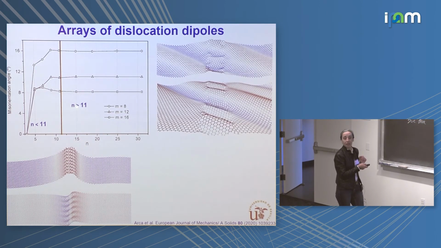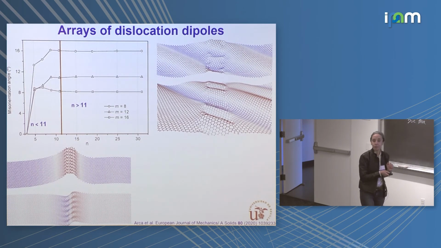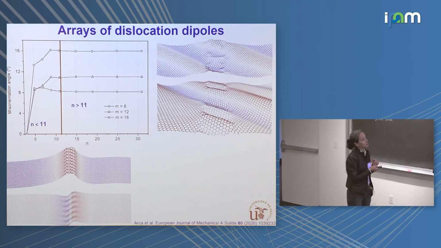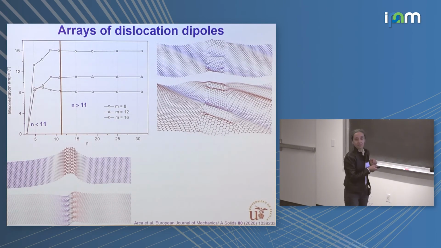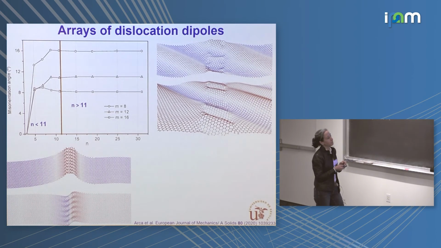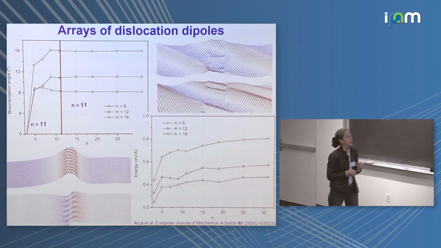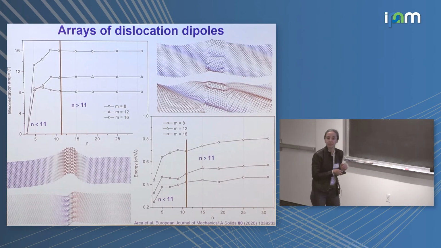Whereas when n is larger than 11, this is the kind of out-of-plane displacement that you observe. So you have the local wrinkles plus other wrinkle structures that you observe within the lattice. When you plot the energy for these different configurations, this is what you observe. For long dipoles, this is the evolution that you observe in the energy, whereas this regime is completely different.